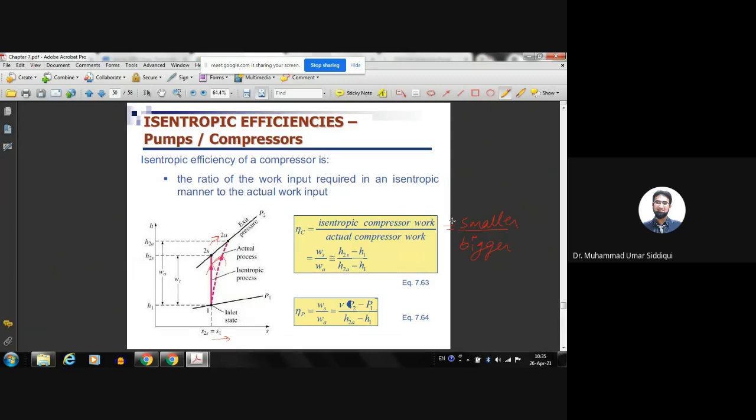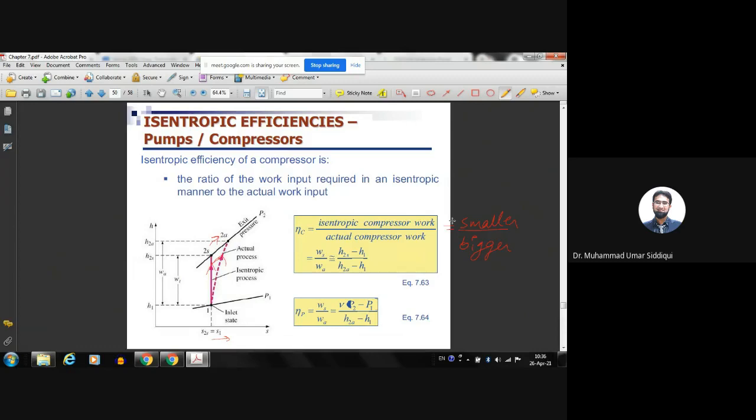Whatever the amount of electrical energy I'm going to provide to the compressor, that electrical energy will be converted into high pressure. But suppose there are losses within the compressor, then part of that electrical energy will be lost as heat. And so I need to provide actually more electrical energy to raise to whatever pressure I want it to be raised.